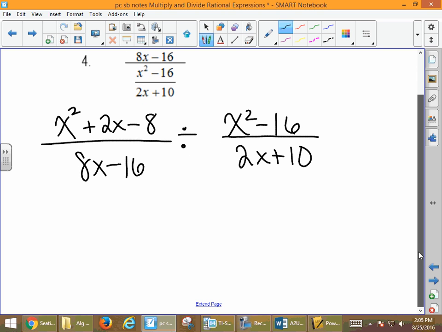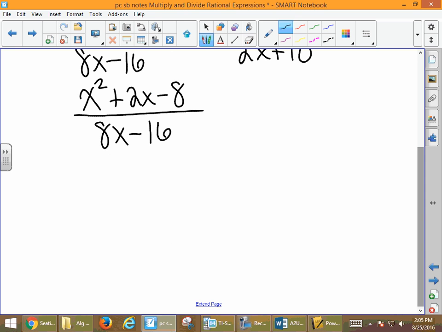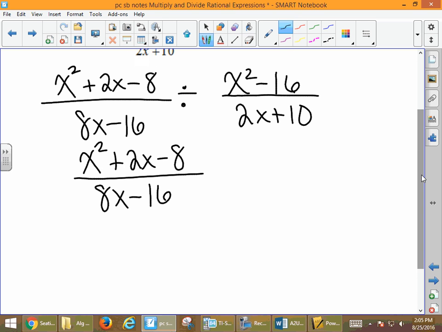That's a little saying that many people use to help them remember how to divide fractions. So the first fraction in here is not going to change. But when dividing, don't ask why, flip the second one. So 2x plus 10 is going to go on top, and x squared minus 16 is going to go in the denominator on bottom.